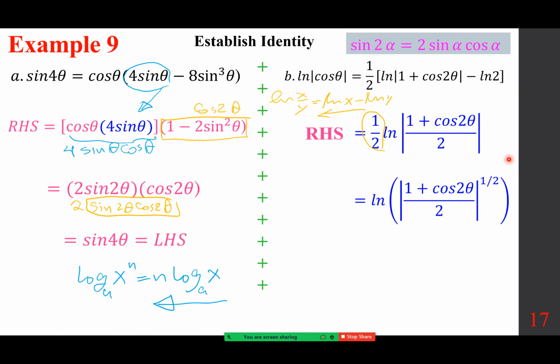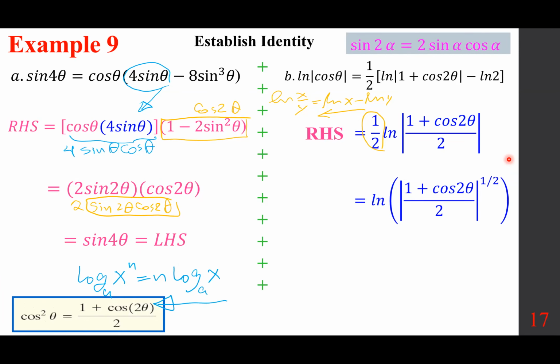And as you remember, cosine squared theta is 1 plus cosine 2 theta over 2. So this expression is cosine squared theta. And when you raise this, remember cosine squared theta means cosine theta to the second power.